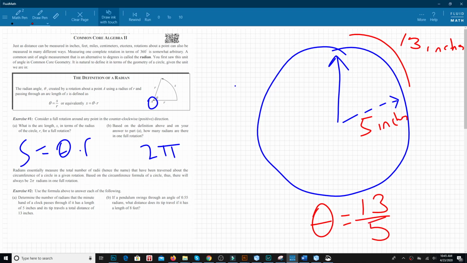Theta is going to be equal to 13 over 5, 13 being the arc length S. So remember, the formula says theta is equal to S over R. In this case, theta is going to be equal to 13 over 5. 5 is the radius. This is the radius. So then from there, we can go about to get the angle. Let me divide 13 by 5.